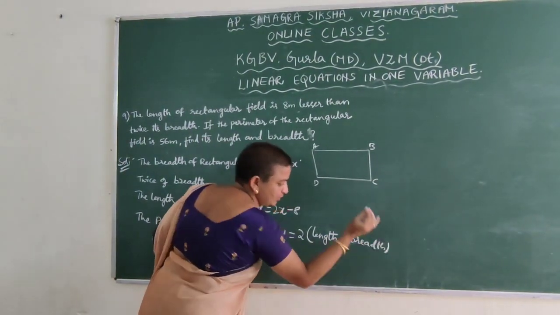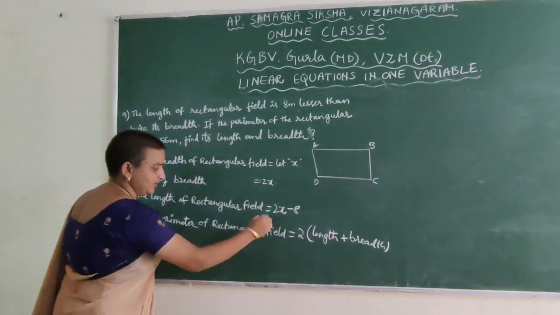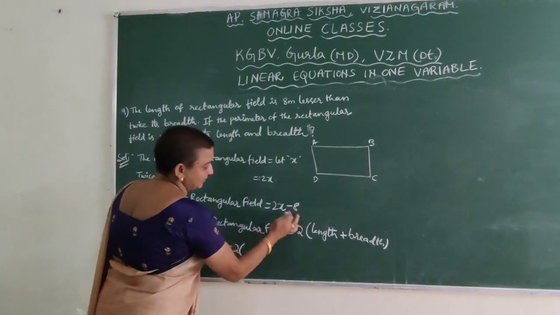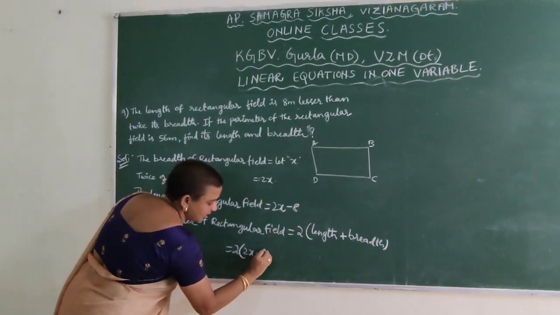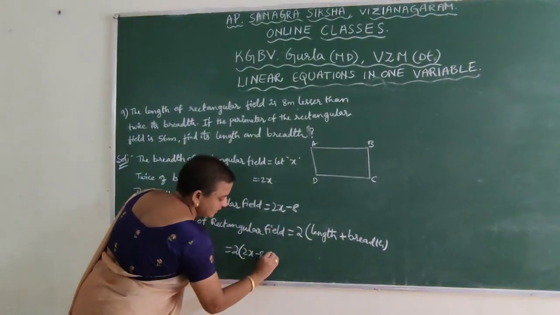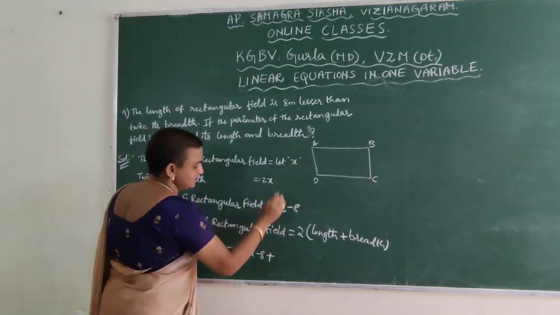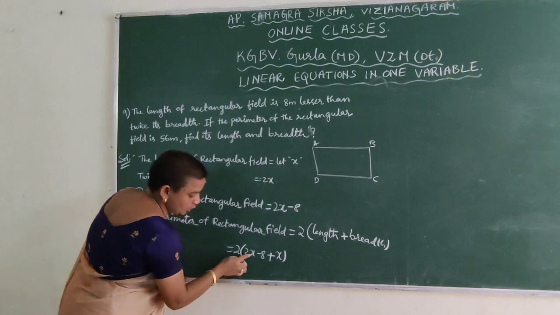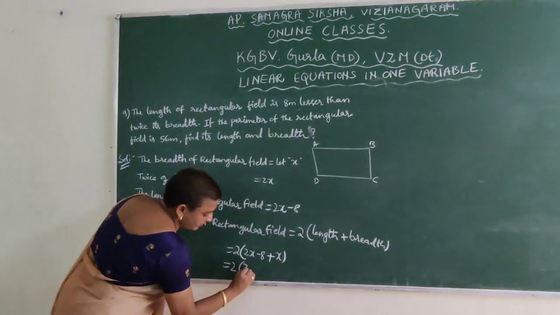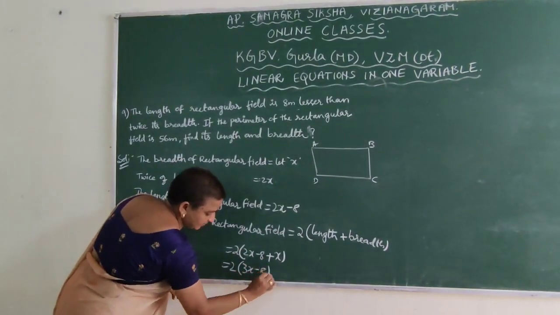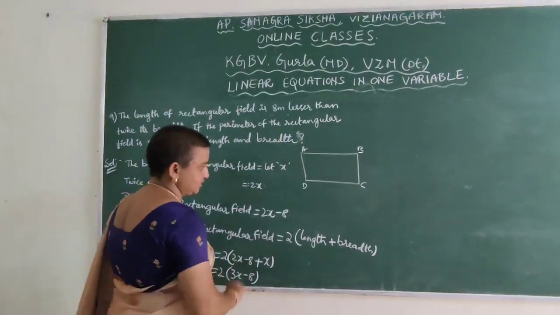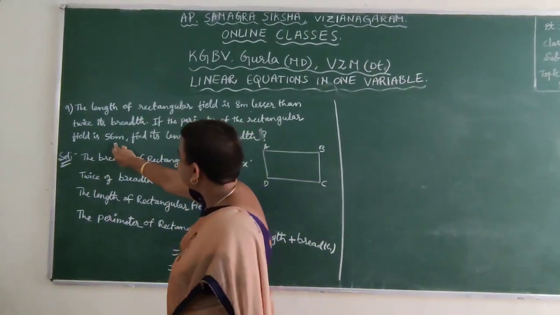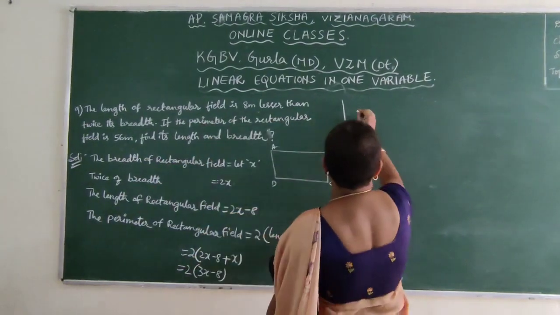That means 2 into length, 2x minus 8, plus breadth. Breadth is x. This is equal to 2 into 2 apples plus 1 apple, 3 apples, 3x minus 8. But from the problem, the perimeter is 56 meters.